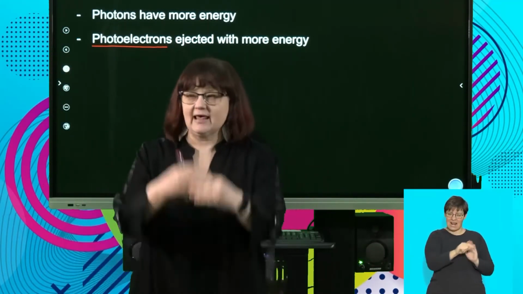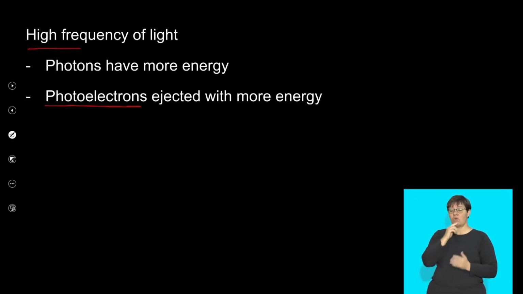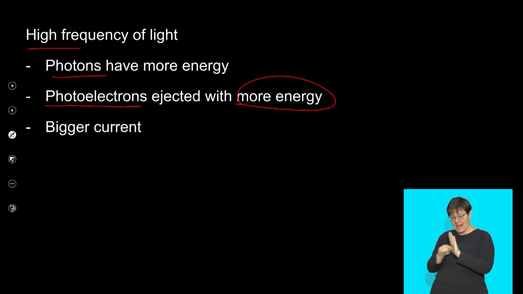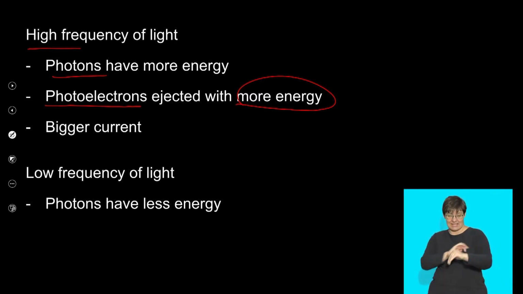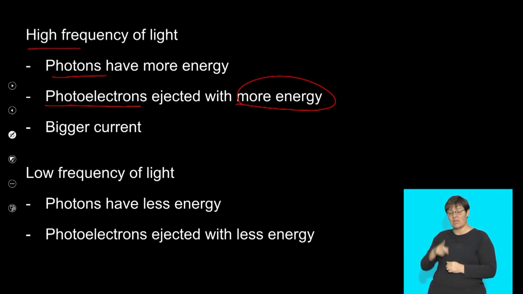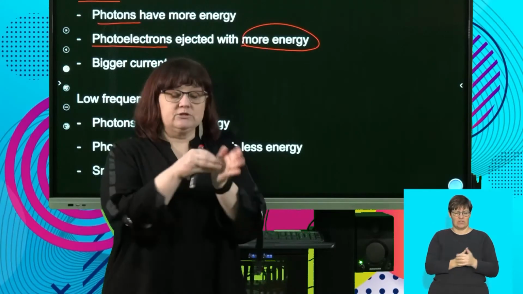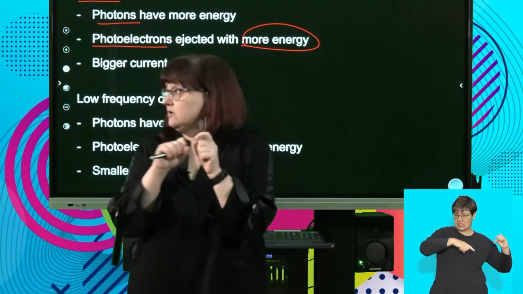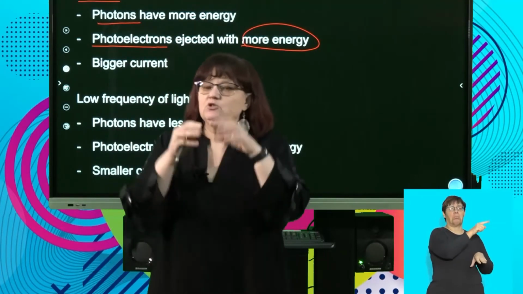High frequency, photons have more energy, so the electrons have more energy, and we get a bigger current. When we have a low frequency, the photons have less energy, so the photoelectrons have less energy, and so there's a smaller current. It's fairly logical. You saw that when it was a small frequency, we only had one or two little electrons coming off, and they weren't very fast, so small current.